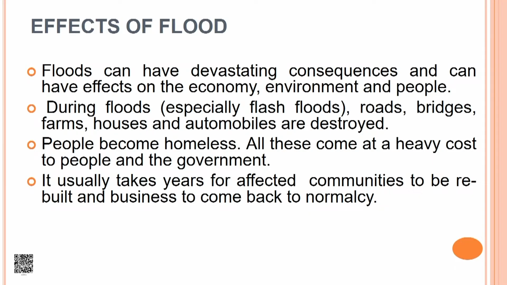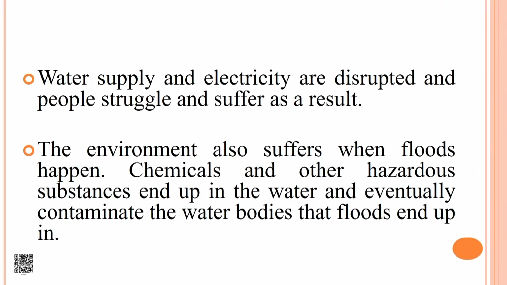People become homeless. All these come at a heavy cost to people and the government. It usually takes years for the affected community to recover and rebuild and for business to come back to normalcy, because everything is vanished. Water supply and electricity are also disrupted and people struggle and suffer as a result.